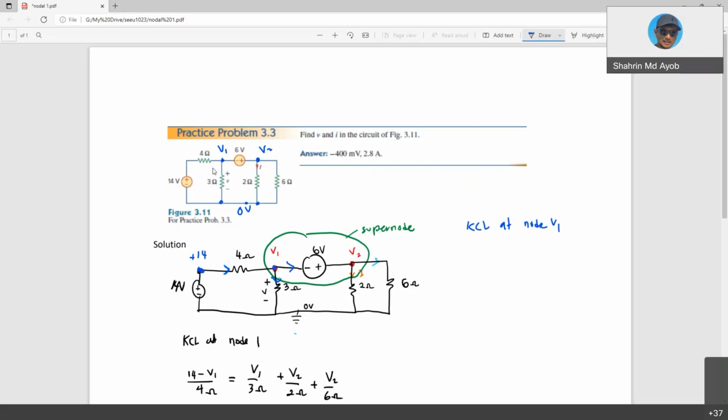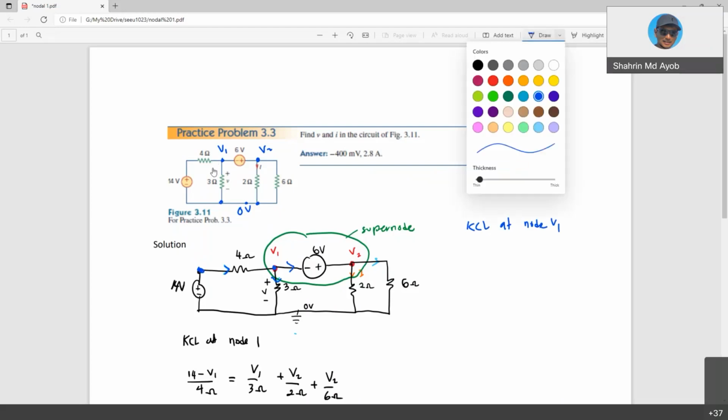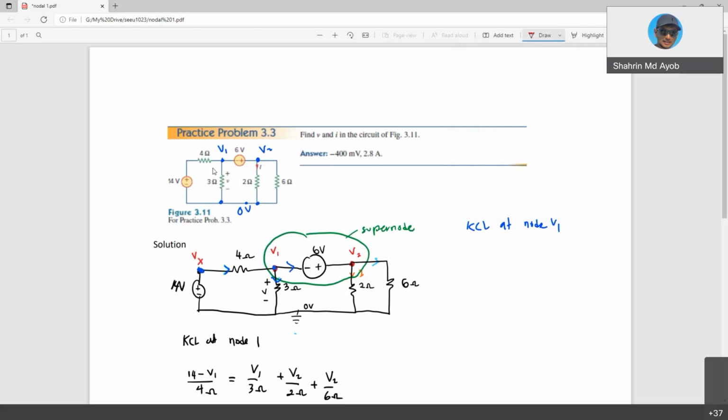If you are confused, please just remind yourself like this. I also sometimes got confused during my study. So this one is your Vx, for example, and this is my node voltage.